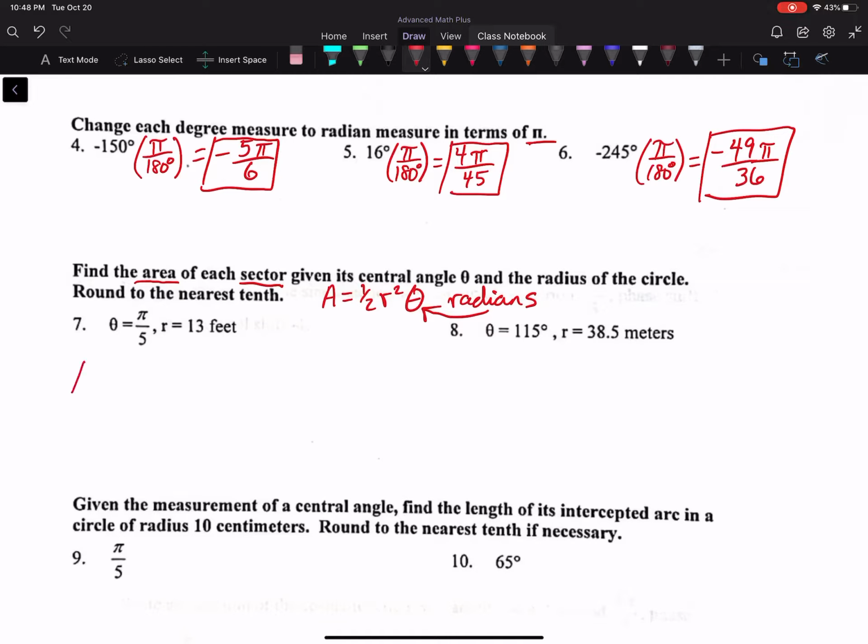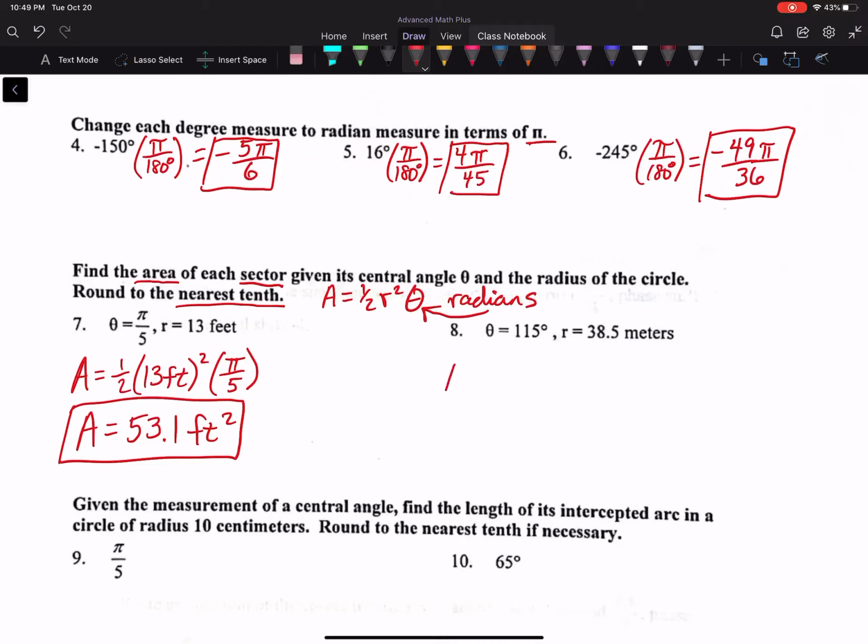So, area will equal 1/2 times 13 feet squared times pi over 5, which is in radians. You just stick all that in your calculator and you get, rounded to the nearest tenth, 53.1, and that will be square feet.